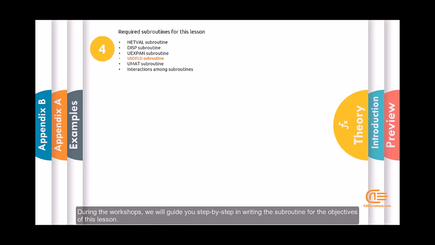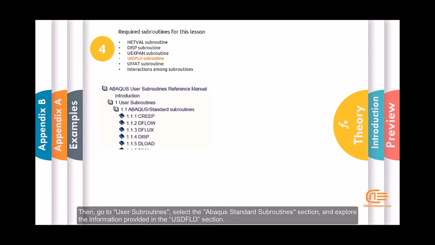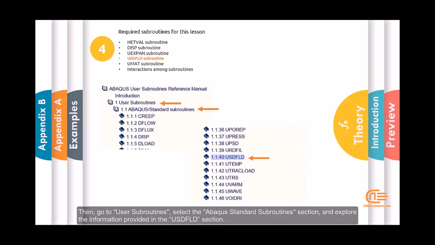During the workshops, we will guide you step by step in writing the subroutine for the objectives of this lesson. However, if you want to learn more about this topic, you can check the Abaqus User Subroutine Reference Manual for additional information. Then go to the User Subroutine, select the Abaqus Standard Subroutine section, and explore the information provided in the USDFLD section.